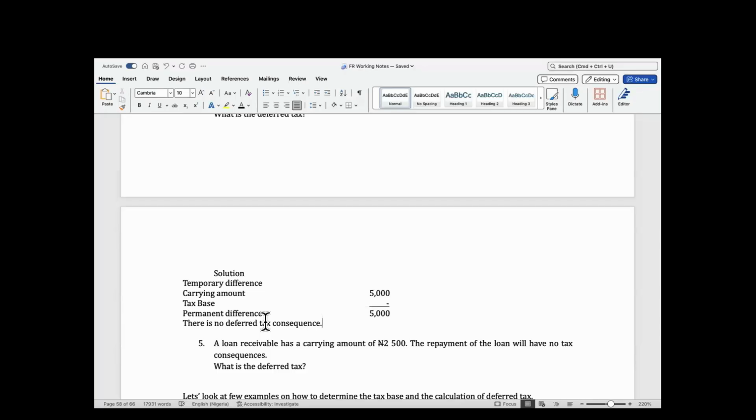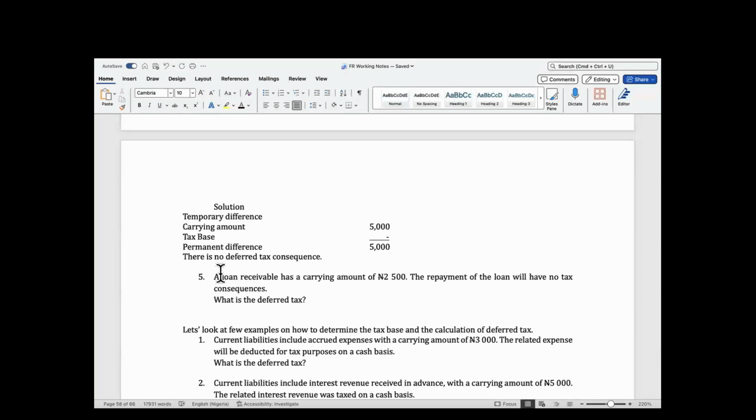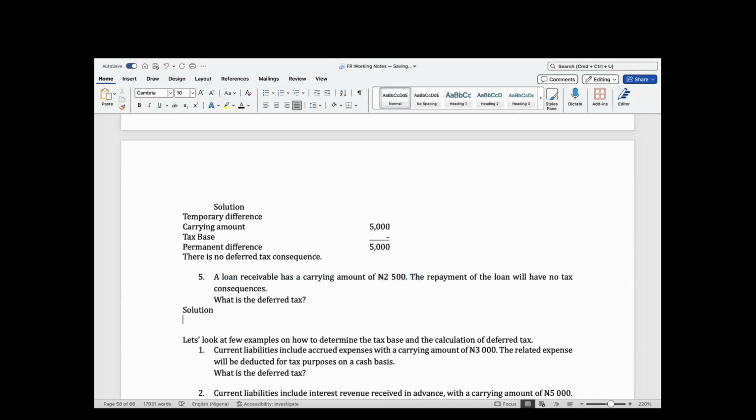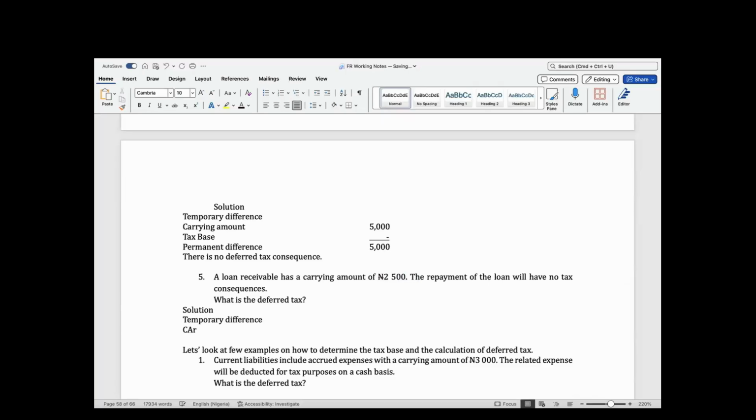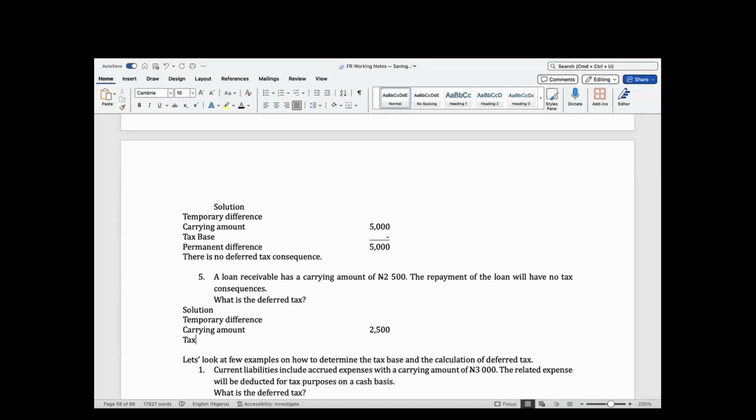It's a permanent difference. Also, a loan receivable has a carrying amount of 2,500. The repayment of the loan will have no tax consequence. This is similar to the previous question. So if I were to look for a temporary difference, I would take my carrying amount, which is 2,500, and compare that to my tax base, which in this case, the taxman will not capture anything.